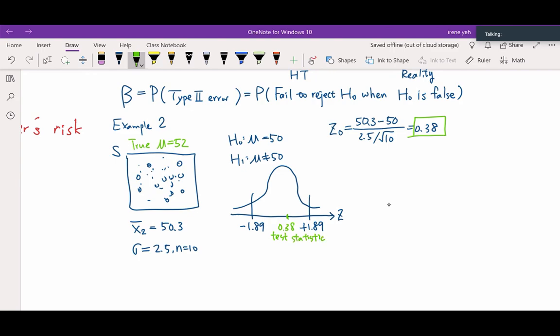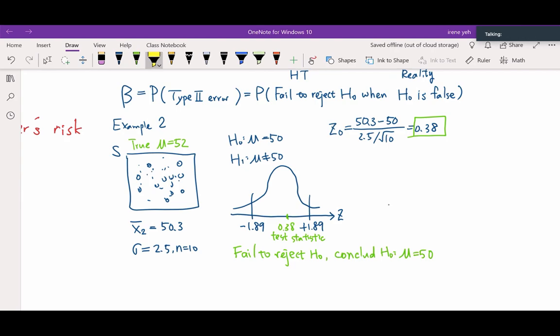Since it falls inside the confidence interval, what conclusion can we draw from this hypothesis testing? We fail to reject the null hypothesis. As a result, we will conclude my null hypothesis that population mean is indeed 50.